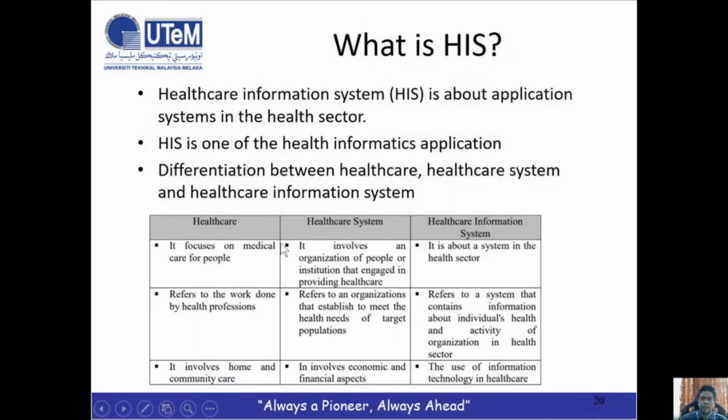Now, coming to the question, what is HIS? You know about information in healthcare. I already explained what informatics is, what ICT is, what health informatics is. So what is the HIS, the healthcare information system? The HIS is an application system in the health sector. Very simple.